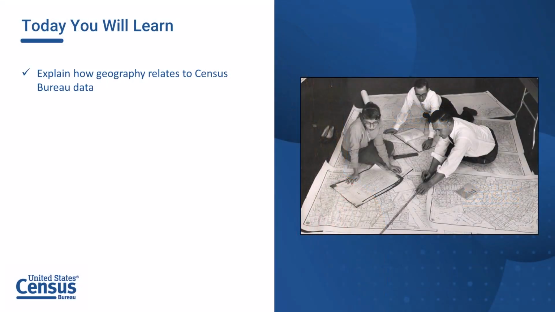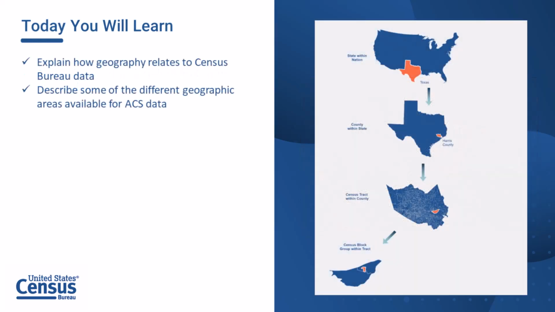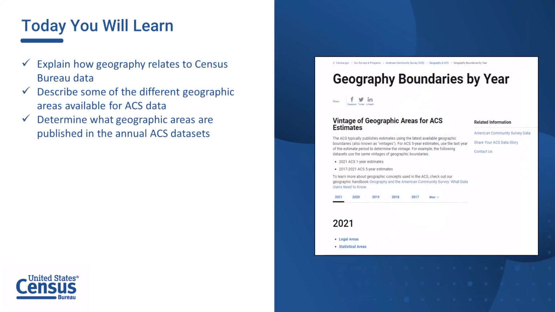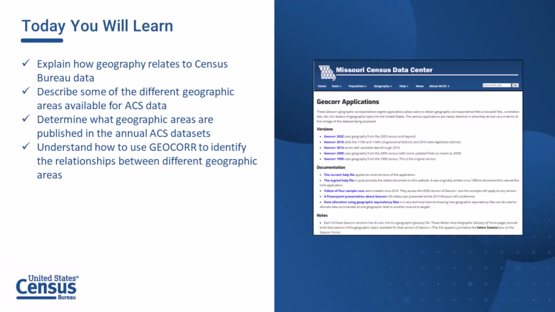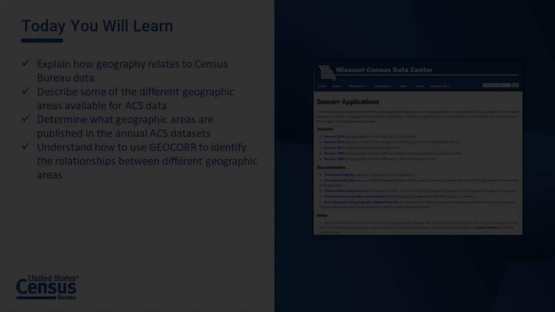After today's video, you will be able to explain how geography relates to Census Bureau data. Describe some of the different geographic areas available for ACS data. Determine what geographic areas are published in the annual ACS datasets. Understand how to use an external site called GEOCOOR to identify the relationships between different geographic areas.